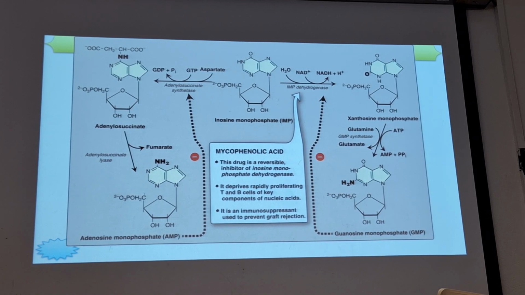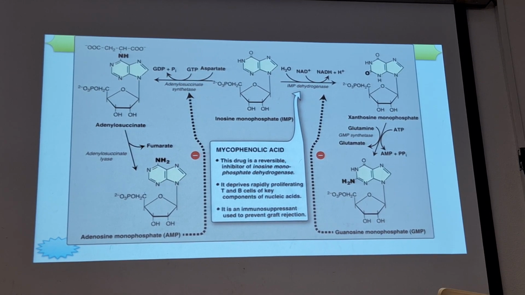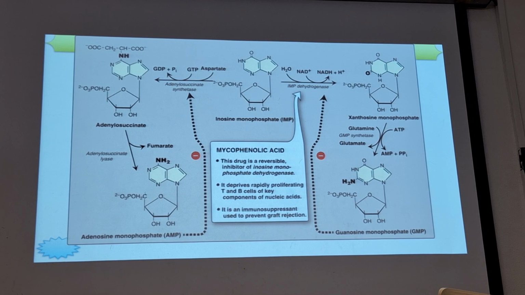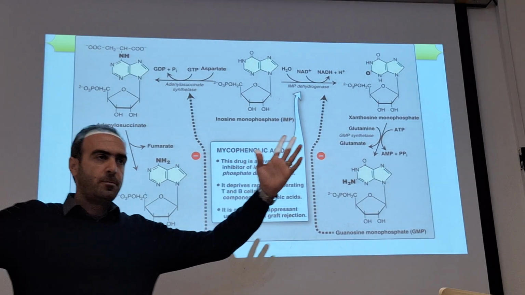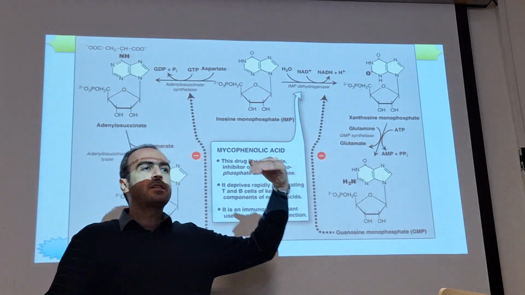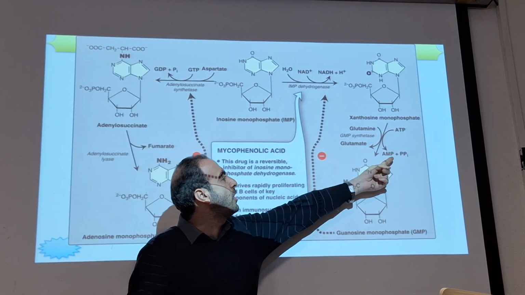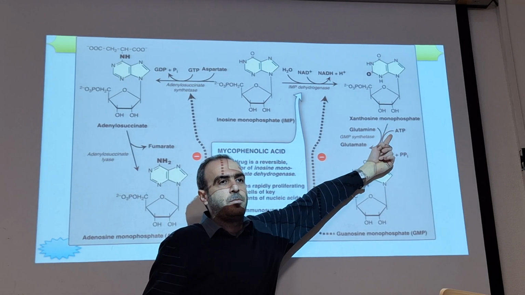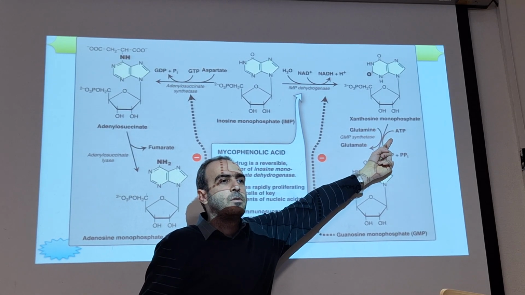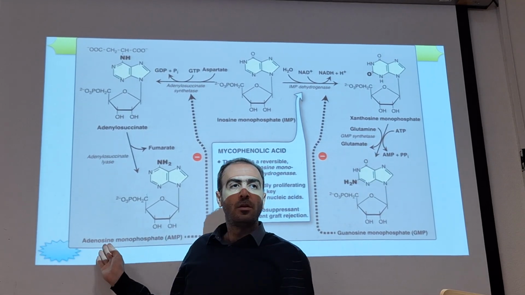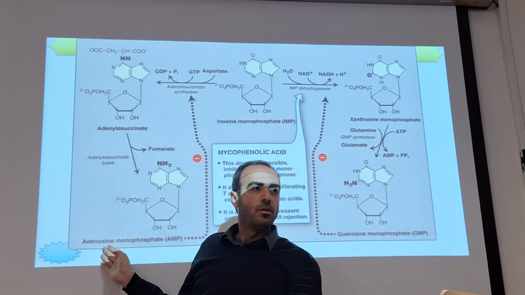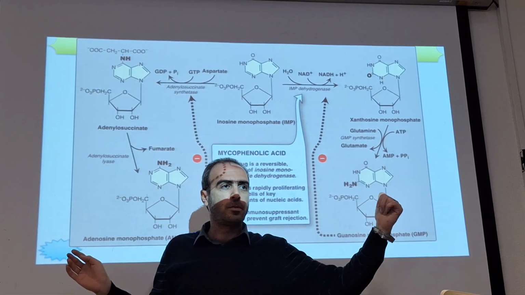In nature, in our body, we have a balance. What is the meaning of balance? If you look at that, we have 2 sides. For this side to happen, we need what? ATP. The product of this side is ATP.